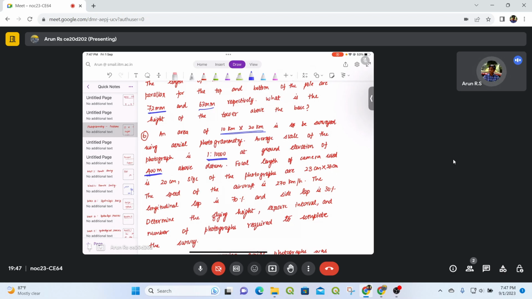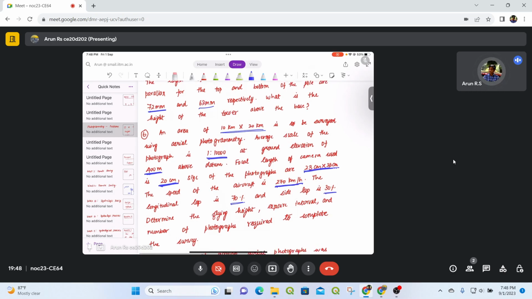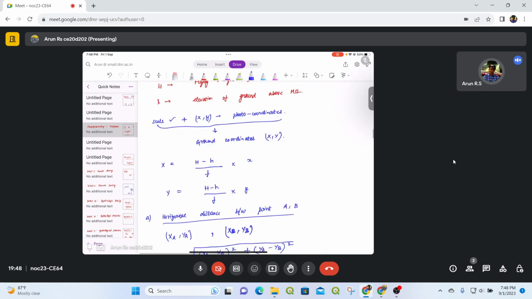Focal length of the camera, small f, is given, and size of the photograph, the coverage of one photograph, and speed of the aircraft is given as 270 kilometers per hour. Longitudinal lap is 70% and side lap is 30%. Now we need to determine the flying height, exposure interval, and number of photographs required to complete the survey. So we can see how to solve this question.